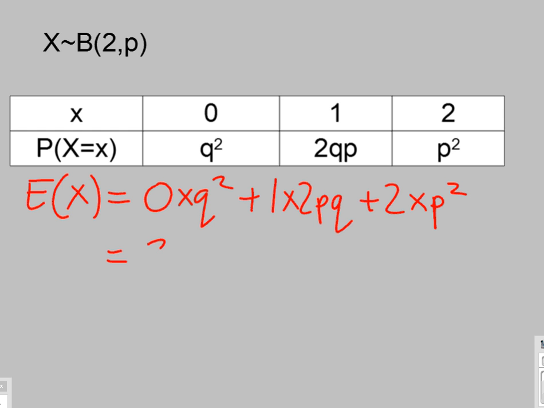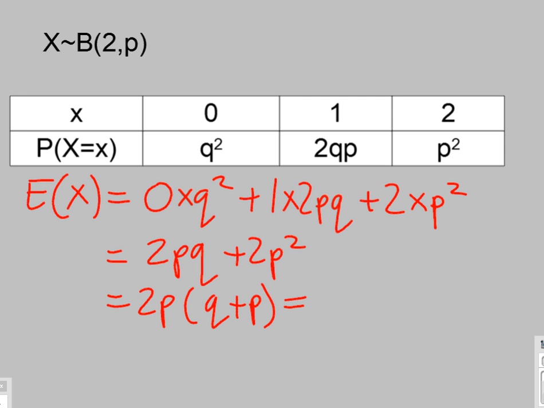And that gives us 2pq plus 2p squared. There's a common factor of 2p, and I get q plus p. But remember, q plus p is 1, so we've got 2p. Therefore, the expected value is 2p. Good.